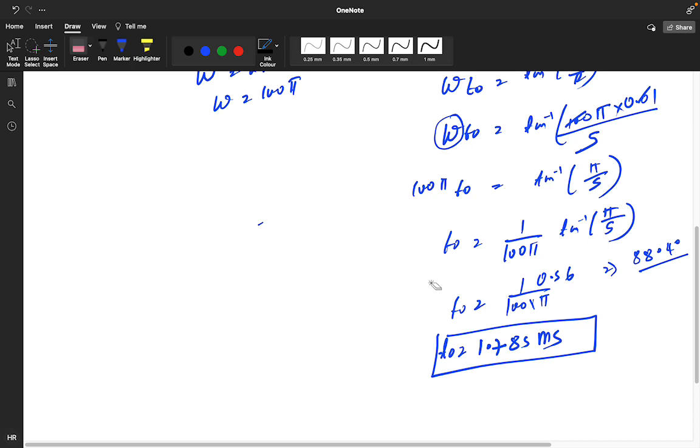Then 3 classes will be for the answer solutions of the workbook and all. So you are practicing, Prasanna, from a GATE book. Have you purchased the GATE book? Sir, I got it from the library.